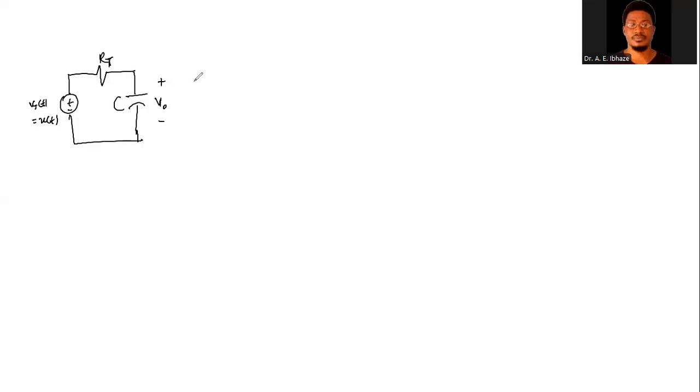So it means for us to be able to address the zero input response, we can redraw the circuit to look something like this, where the forcing function is the same as zero. So that's VT is equal to zero, right? And then what we now have to do, we now address this RT, address or resolve the circuit based on the initial condition. So this is when we consider zero input response.